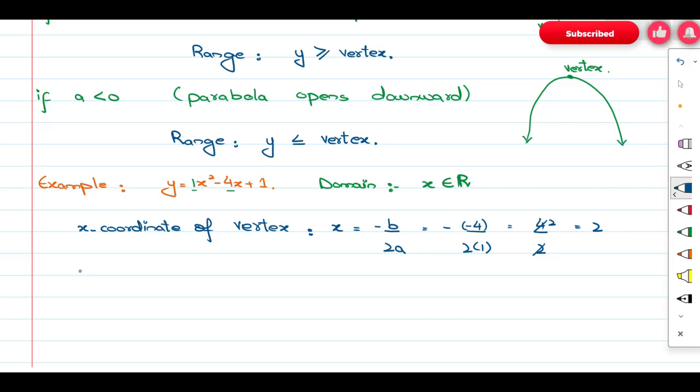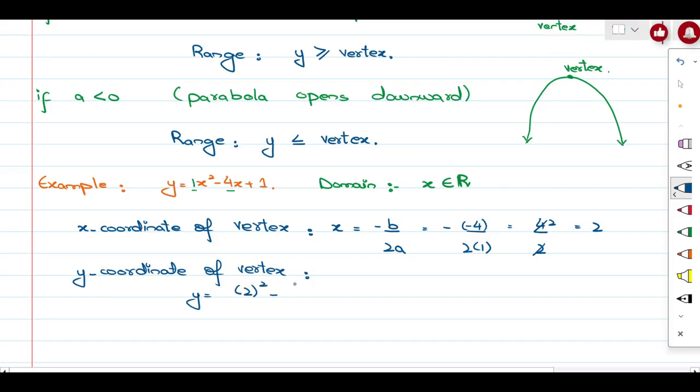Now the next step is to figure out the y coordinate of the vertex. For the y coordinate of the vertex, you need to plug that x coordinate into your equation to get y. So y should be equal to, what is x squared? 2 squared minus 4 times the x value, which is 2, plus 1.